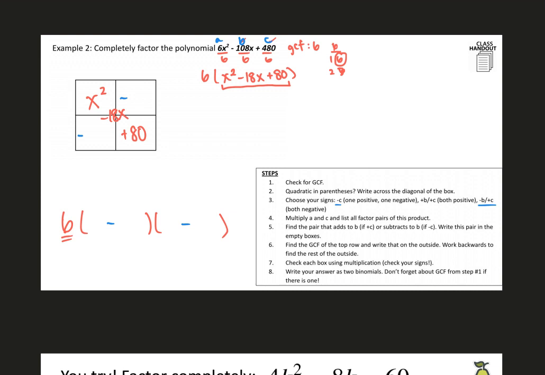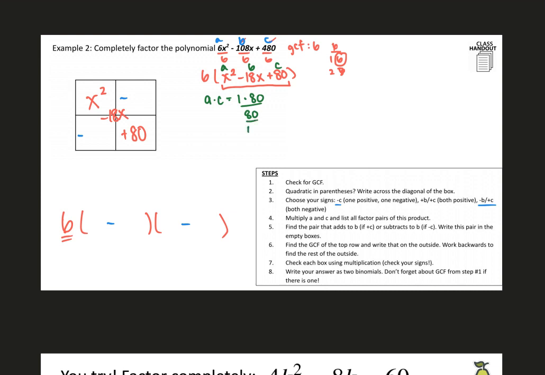All right, next thing we're going to do is multiply A times C. Sorry, this is A, this is B, and this is C. So A in this case is 1, C is 80, so 1 times 80 is 80. And we're going to list out our factors of 80.